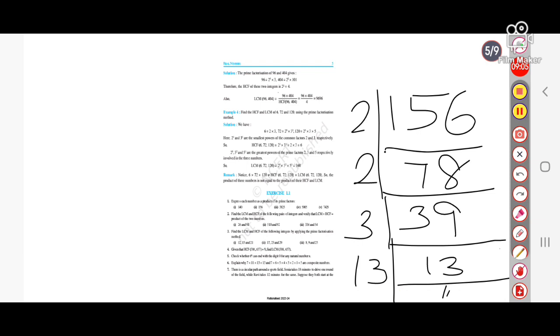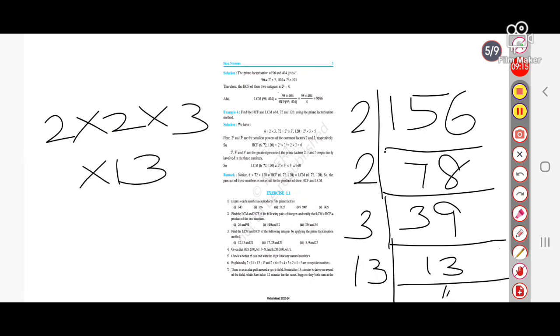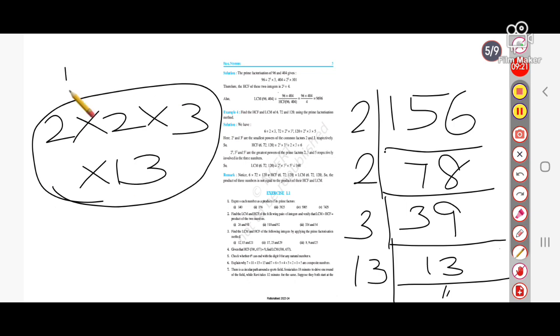So again the same process, 156 can be represented as 2 cross 2 cross 3 cross 13. So now we have expressed 156 as the product of its prime factors.